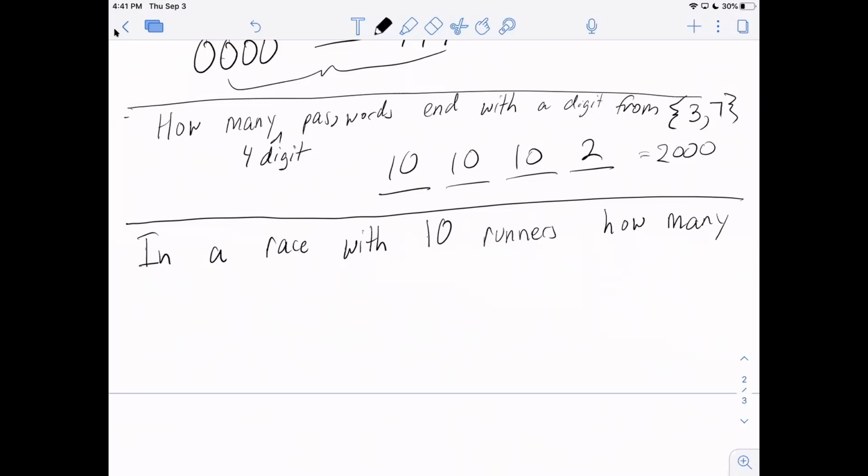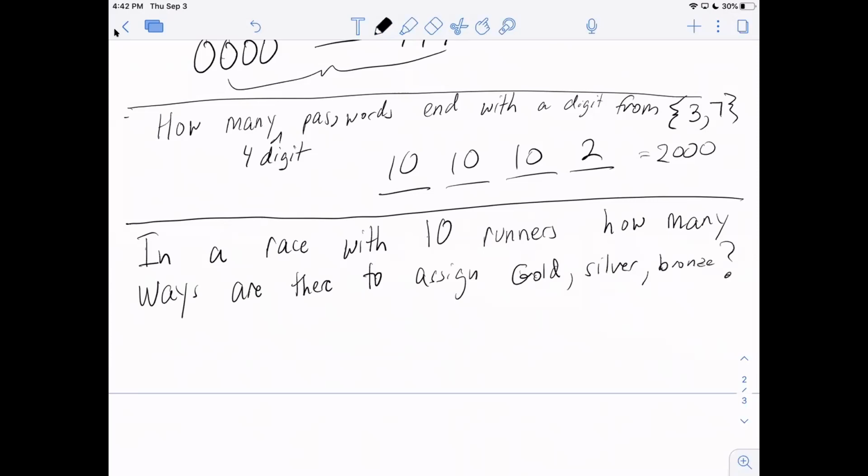How many ways are there to assign gold, silver, and bronze? And we assume there's no ties.